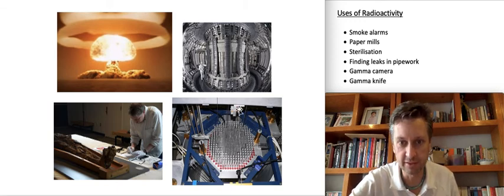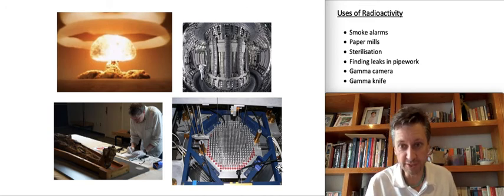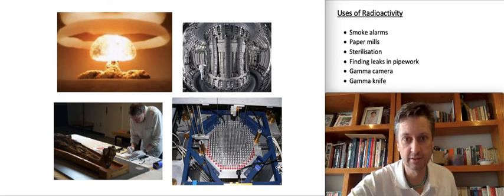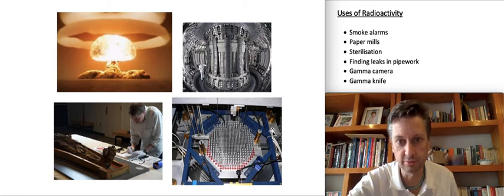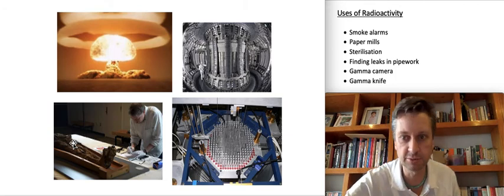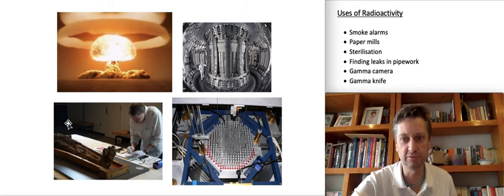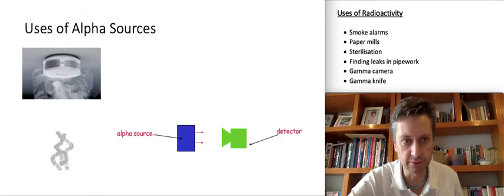Down here, this is a uranium fission reactor, like the one we saw in Chernobyl and other places. These are control rods and fuel rods inside a reactor. And this is a guy that we've seen before. He's doing radiocarbon dating on an Egyptian mummy. So fission, fusion, radiocarbon dating, possibly a few others we've talked about. Let's move on to quite specific uses.